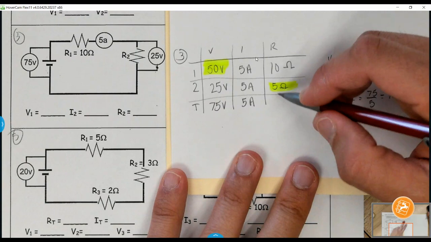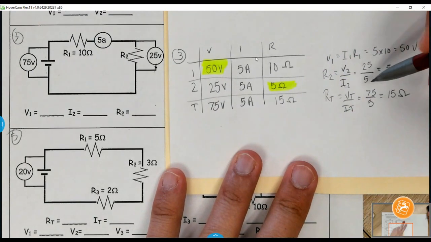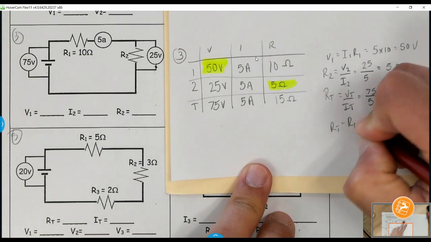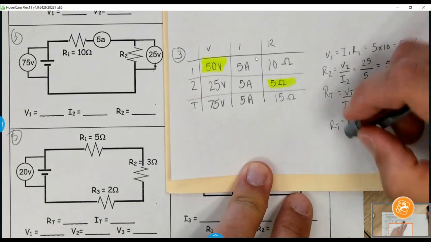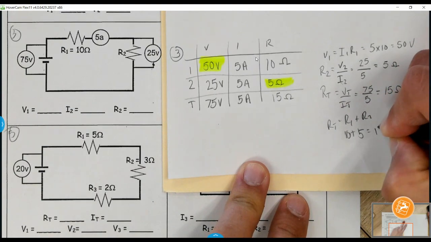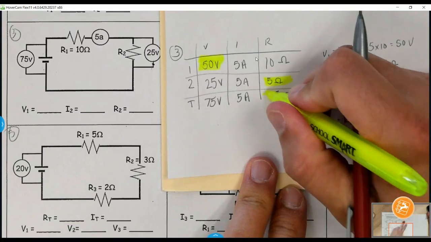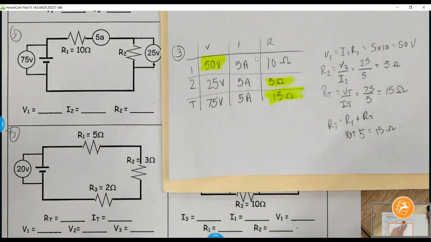If I added them together, that would also give me 15. Either way works. So sometimes there can be 2 different ways to do something, or there can be just one.